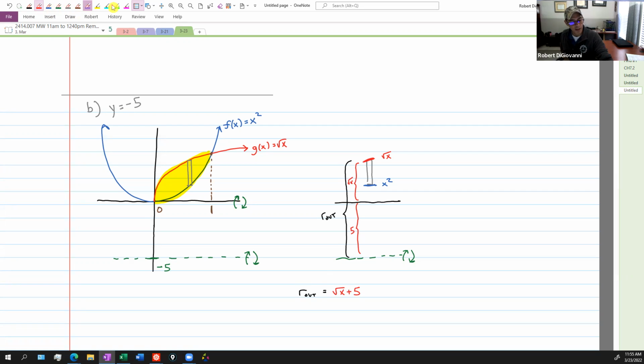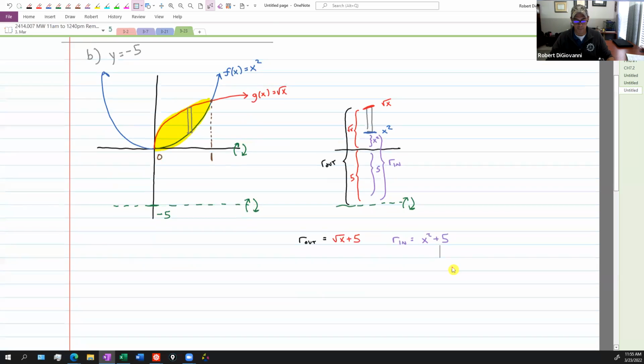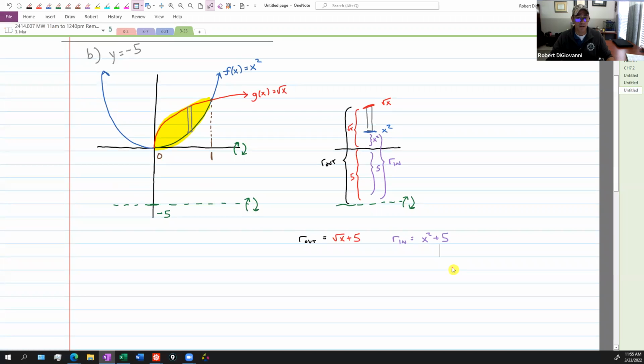And then your r in, which is the distance from the axis of rotation to the bottom edge or the inside edge, will be your x squared piece, and then again plus the 5 here. Got it?